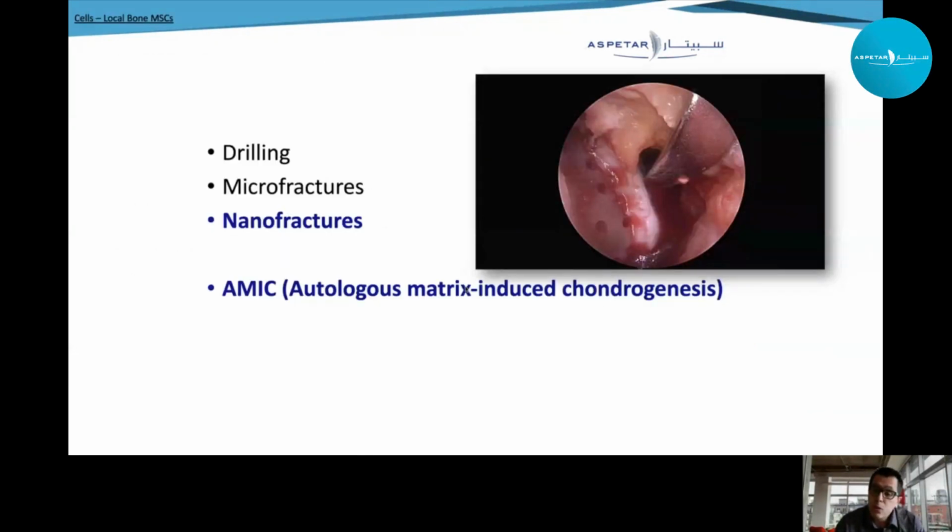The most widely used technique worldwide is the bone marrow stimulation technique.